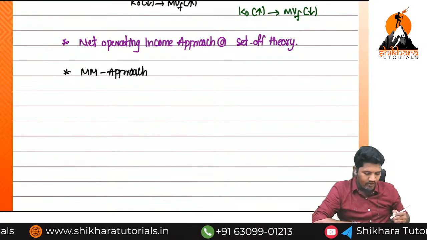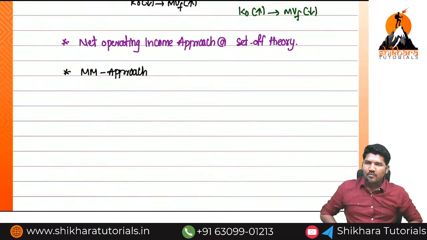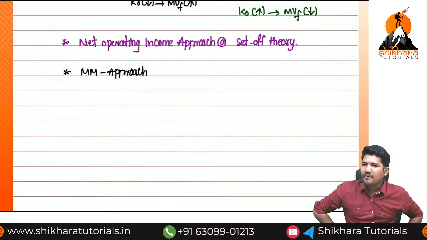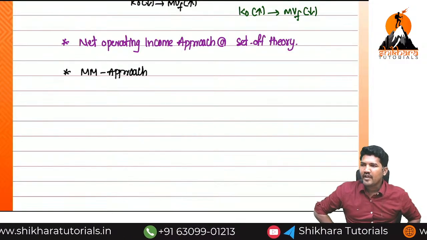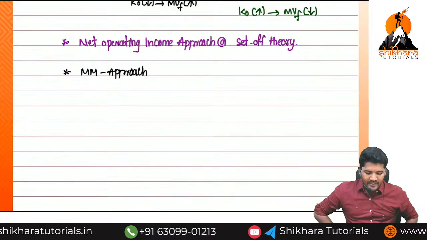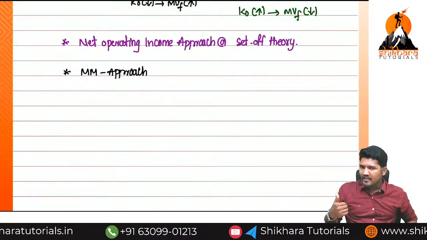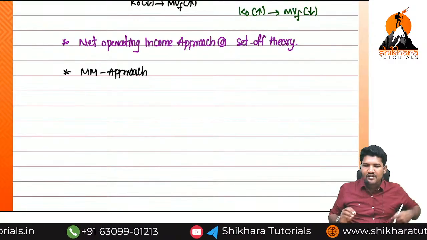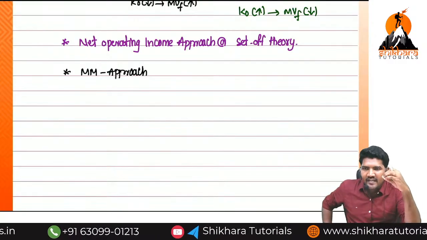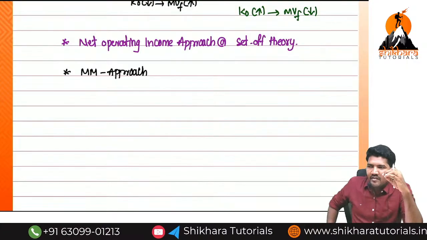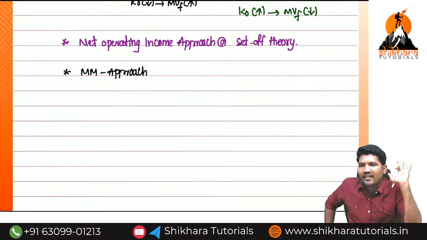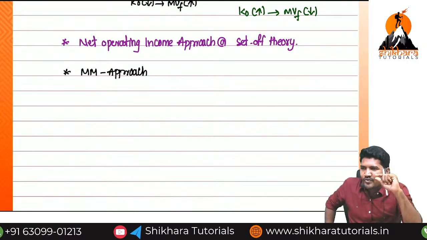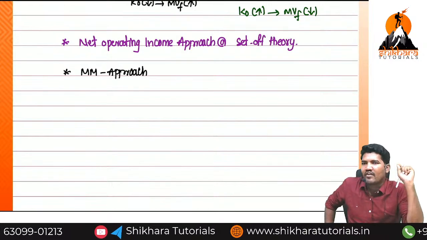They are the names of two economists, Modigliani and Miller. Now there is a conversation between Modigliani-Miller and David Durant. The discussion between them is: what you said is correct, but the way you said it is wrong. What you said is correct. The way you said it is wrong.